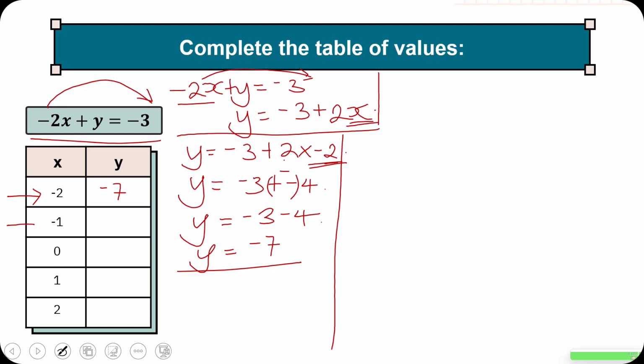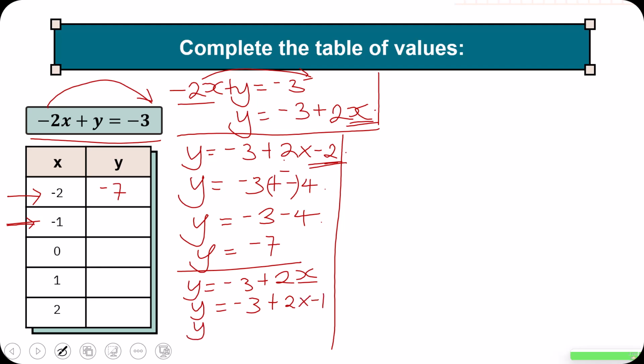We have the next x value as negative 1, so we shall say y equal to negative 3 plus 2x. Where there is x, we put negative 1. We shall have y equal to negative 3 plus 2 times negative 1.